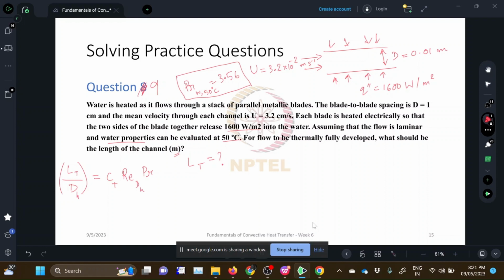So the spacing is 1 centimeter. So what will be the hydraulic diameter? 4 into area. Area is D, and perimeter is 2, I guess, right? So this will be 2D or 0.02.